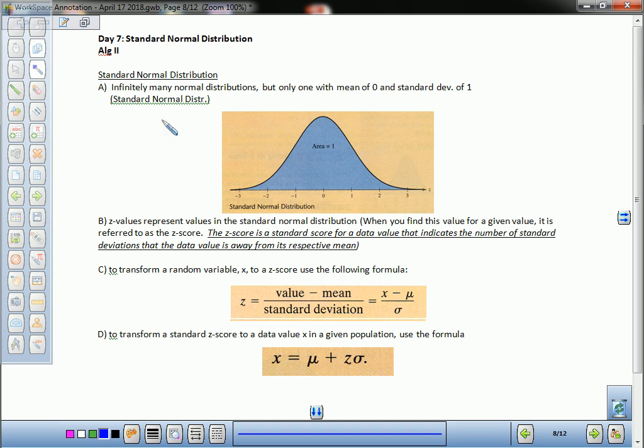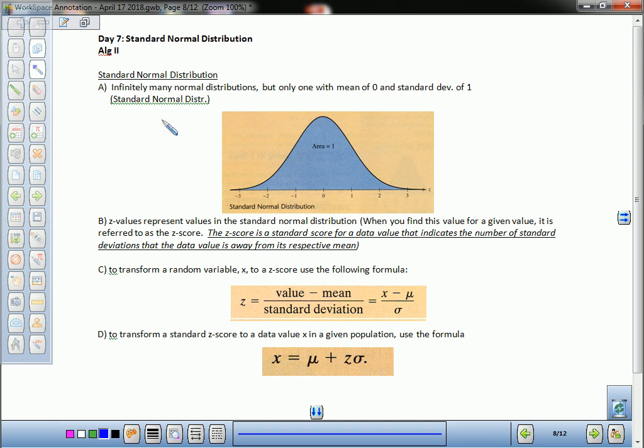But it's special. We have infinitely many normal distributions, but there is only one standard normal. Standard means I'm standardizing the data so that I compare everything to other things.